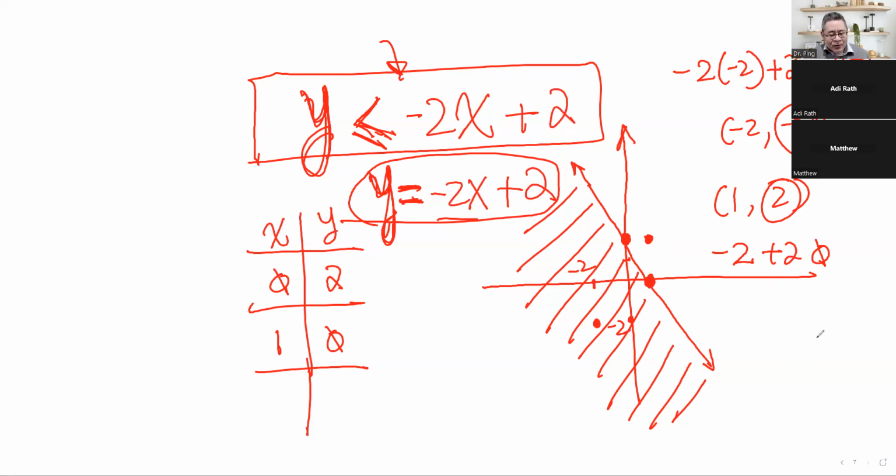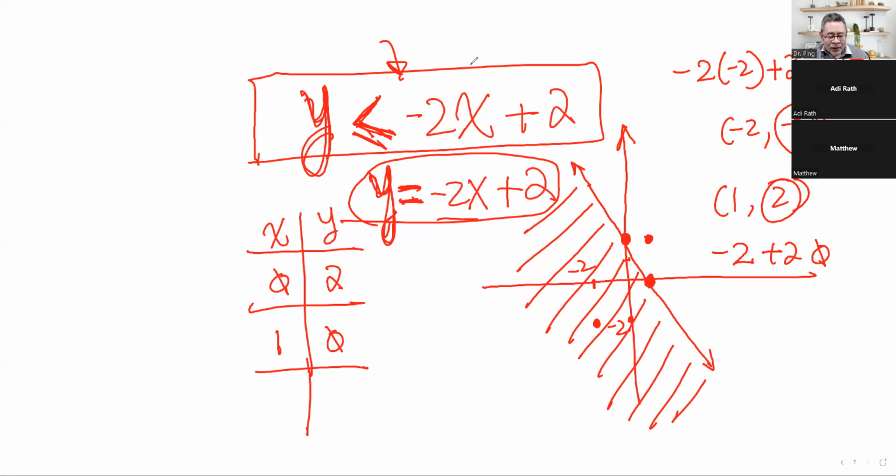Okay, are we good on this one? So then how do you know which points to graph? Well, we first graph the line. Then it depends on whether it's less than or greater than. If y is less than, just anything under the line.